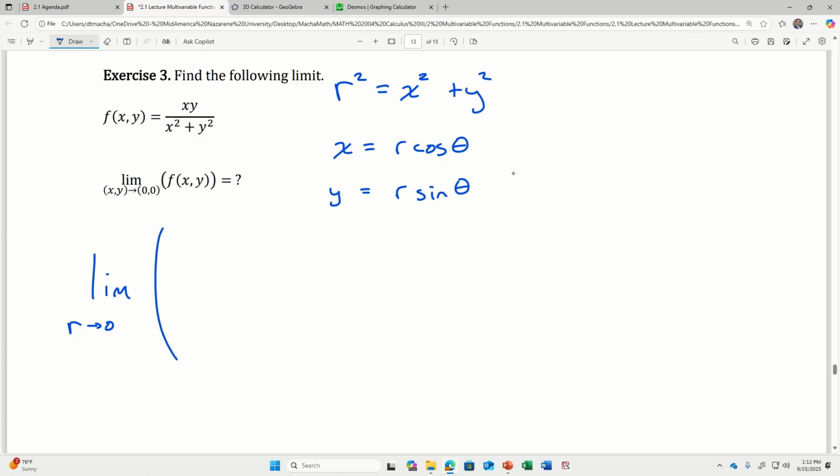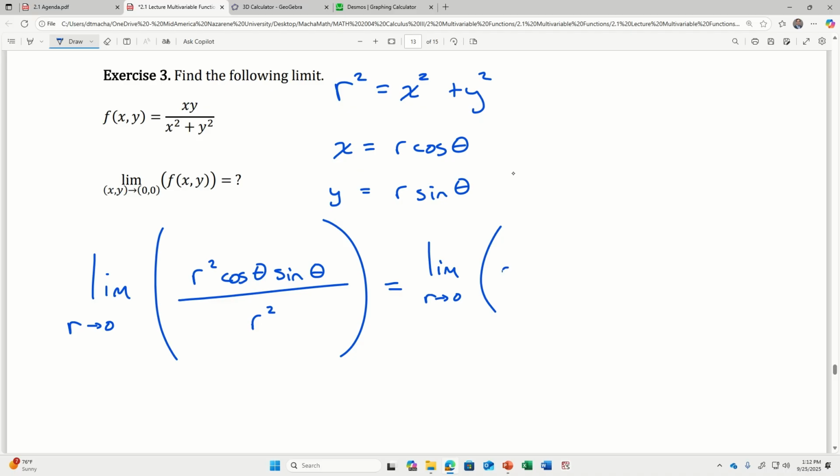x times y is then r squared times cosine theta times sine theta. x squared plus y squared is r squared. The r squareds cancel.